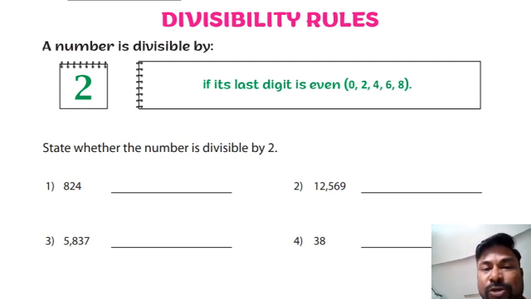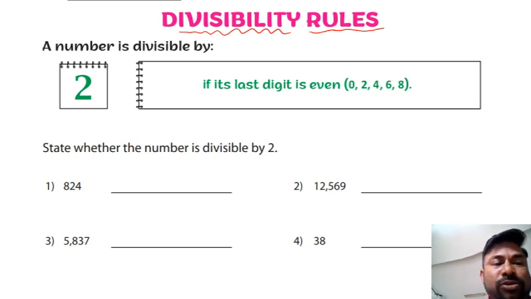Now, here we are discussing the divisibility rule for 2. As I said earlier, if the last digit is 0, 2, 4, 6 or 8, then we can say it is divisible. Let us check it out. Here we have 3 digits: first, second and third.